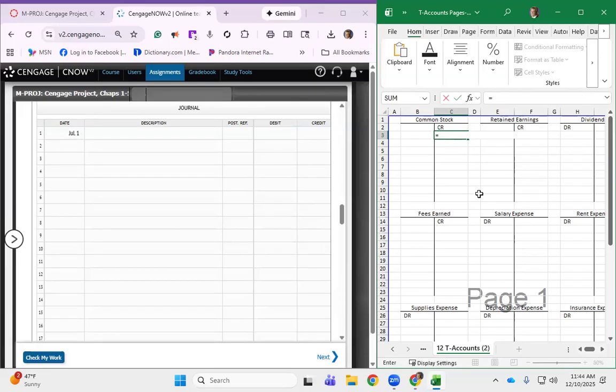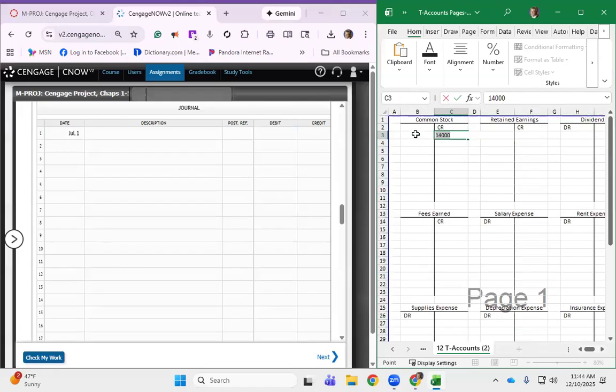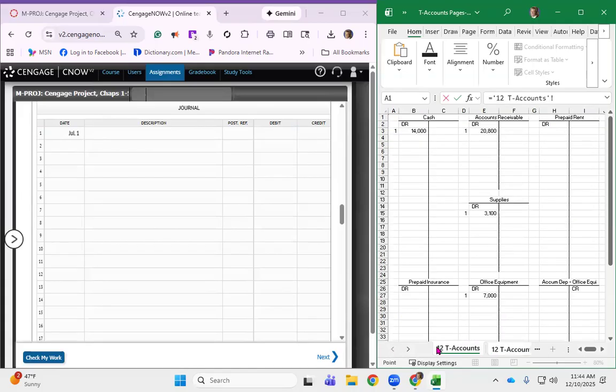So equals back here, this number plus... I think I need a shift. Just a second. It's not cooperating. Equals that.